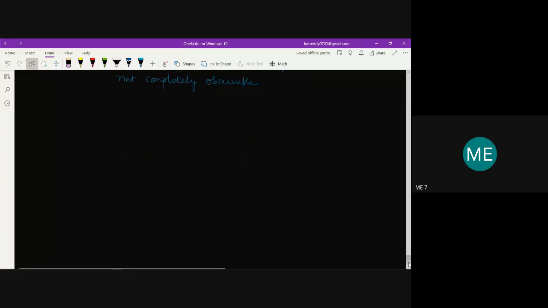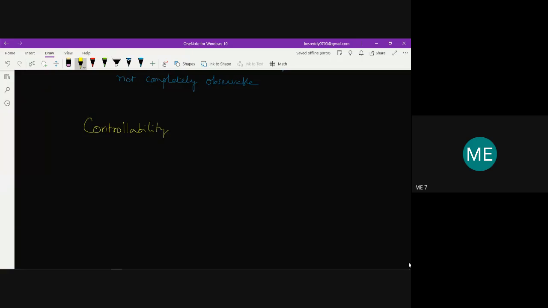So here in the state variable system, we have to test the controllability and observability. Controllability is nothing but whether the system can be transferred from the initial state to the desired state or not. That we can check by using Kalman's test and Gilbert test.